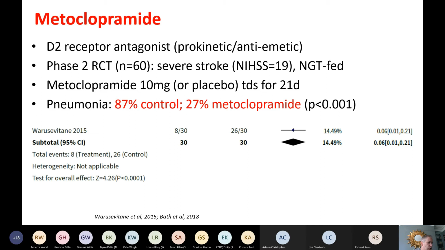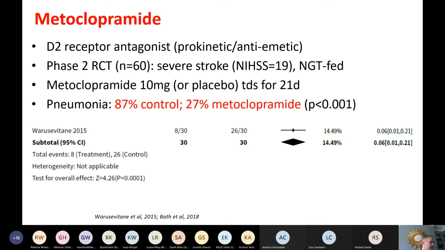So there was a small phase 2 study which was randomized between metoclopramide for 21 days or placebo, and this was in patients with very severe stroke, so the average NIHSS was 19. They were all NG tube fed, so clearly significantly dysphagic. And interestingly, despite this being a small study, there was a very profound reduction in development of pneumonia.